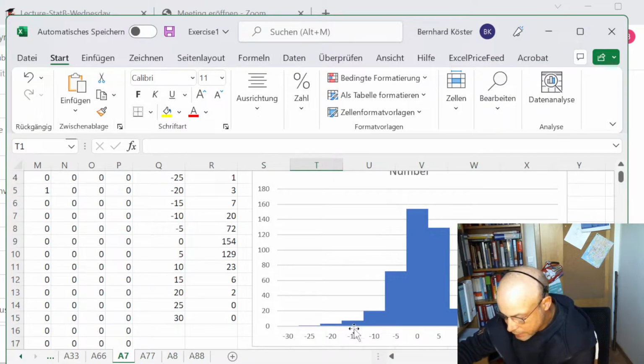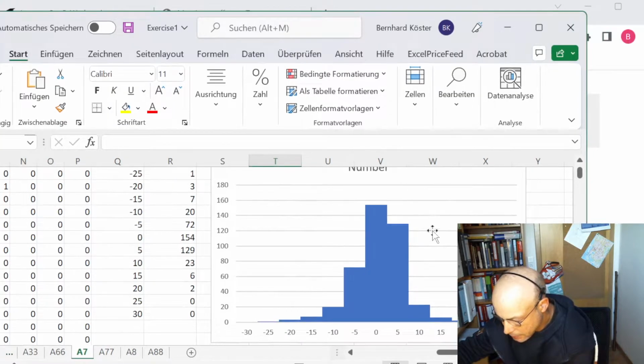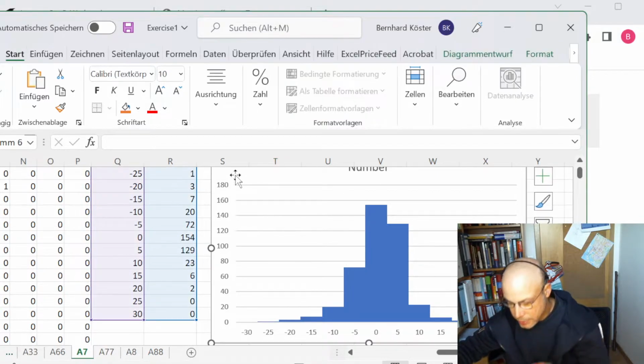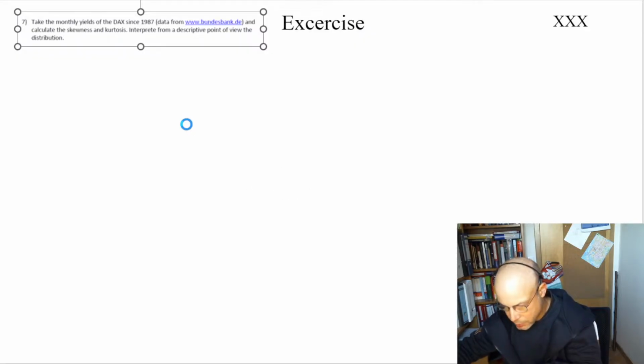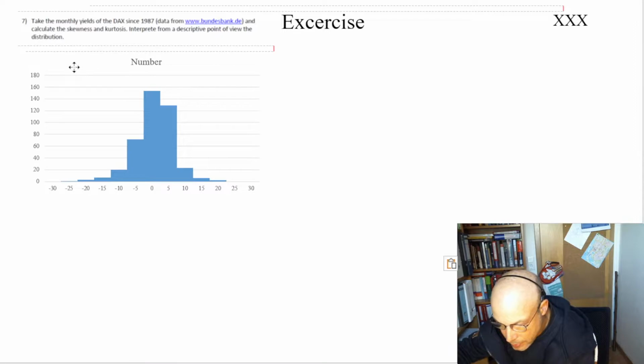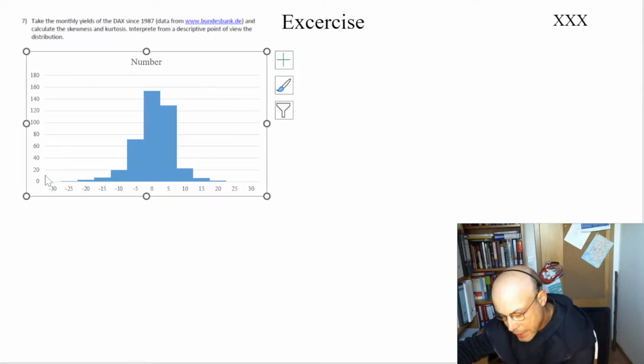And for yields between minus 25% up to plus 25%, the yields look like this. Let's take this diagram also to our slides, because then you see that we have a slightly left skewed distribution, and this we want to calculate now. And how do we do this?